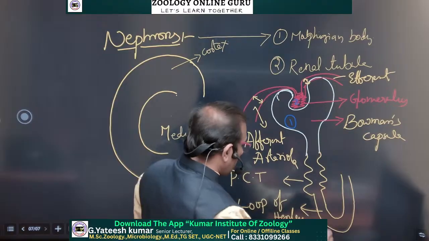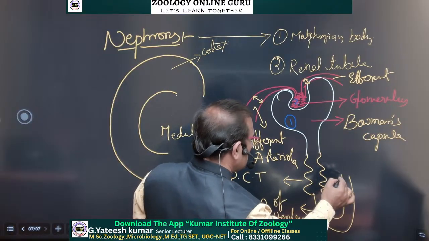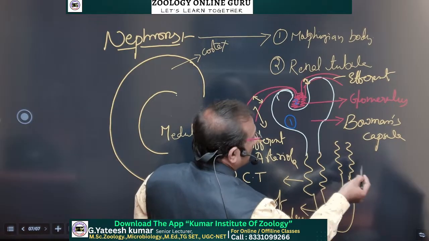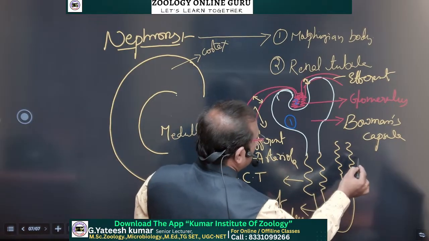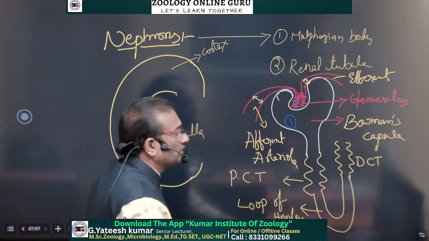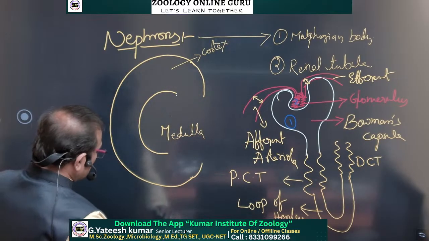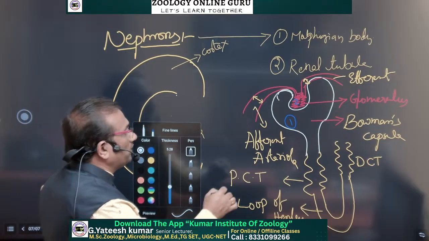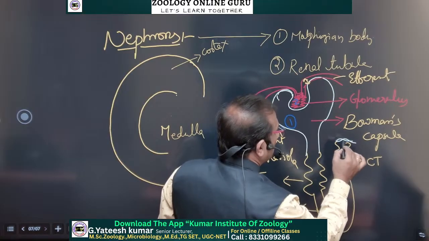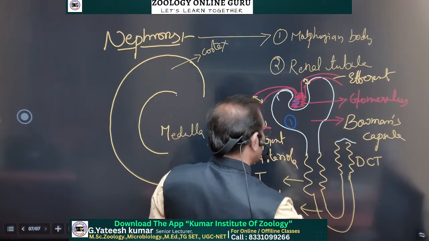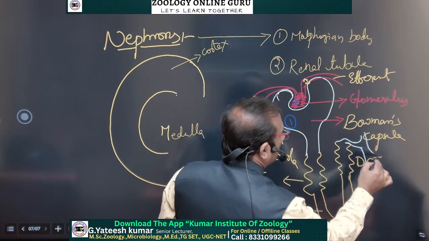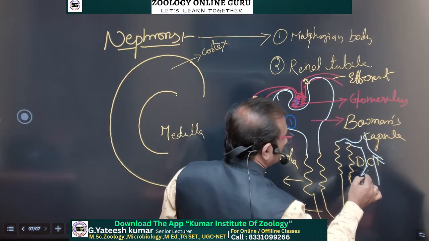After the loop of Henle, another convoluted tubule is present, after PCT. This is called DCT, distal convoluted tubule. The DCT then opens into a collecting duct.